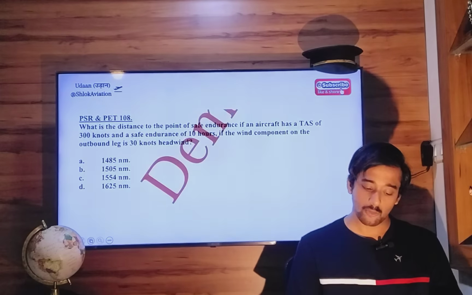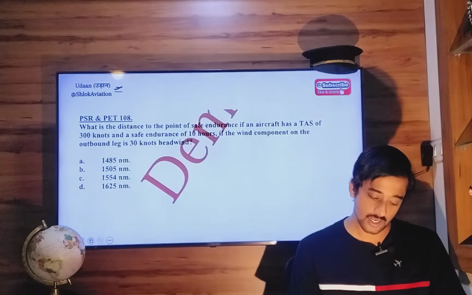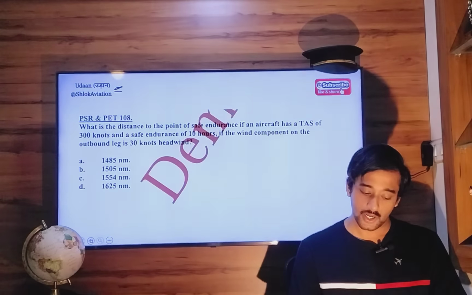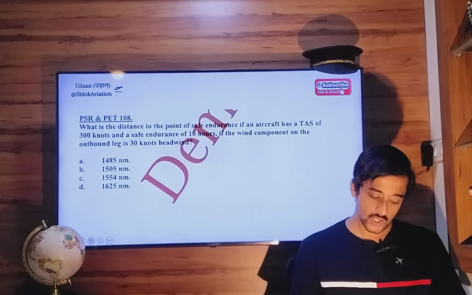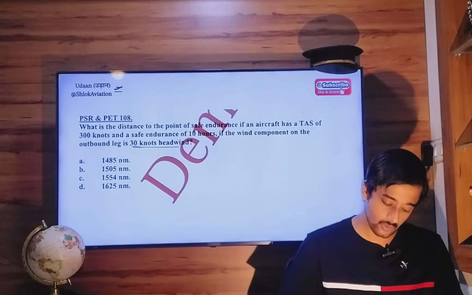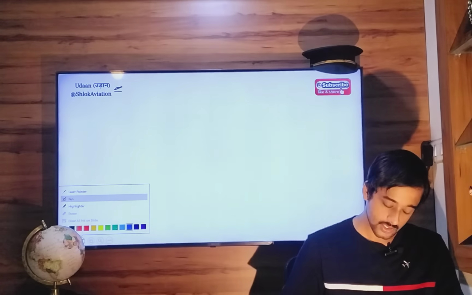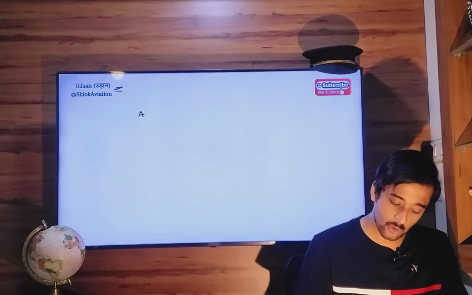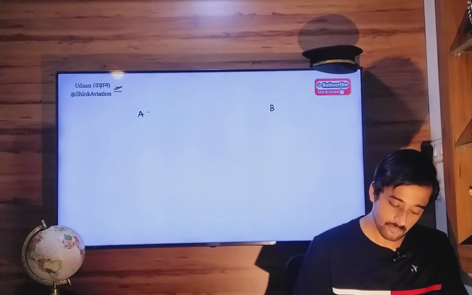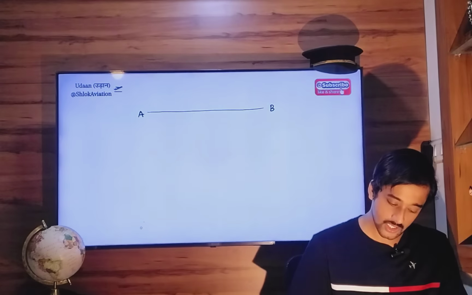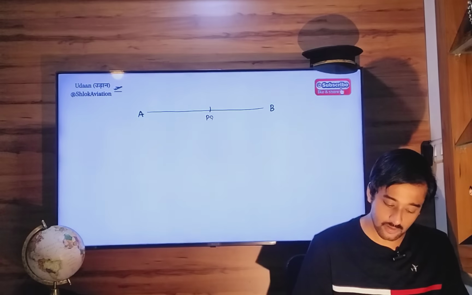What is the distance to the point of safe return if aircraft has a TAS of 300, endurance 10 hours? Wind on the outbound leg is 30 knots headwind. So this is your point A, this is your point B, this is your point of safe return.